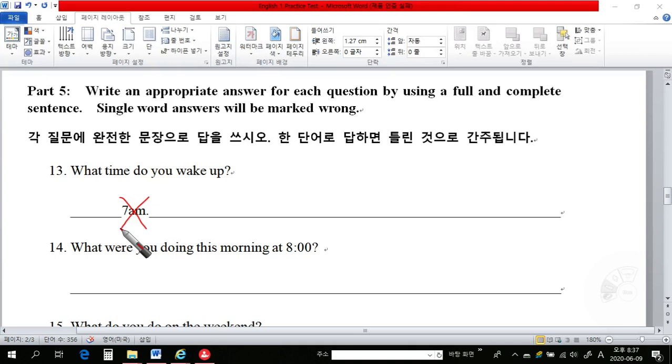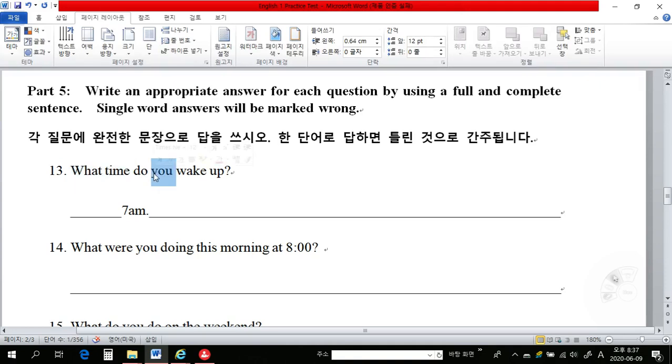Wrong, okay? What you need to do is write a complete sentence. So give me more. You gave me the information, what time, good. But we're looking for a full sentence.